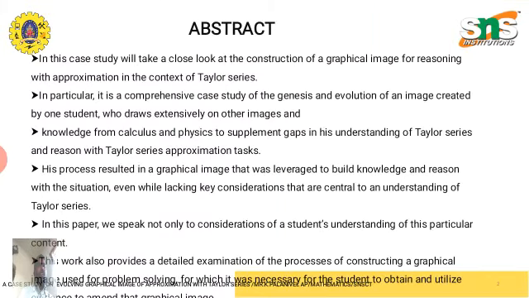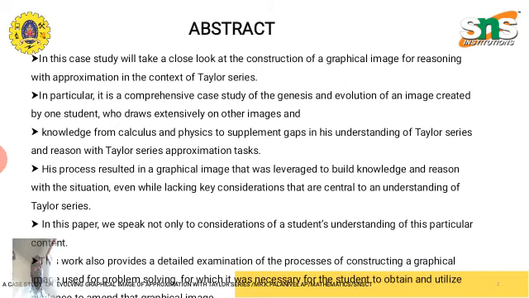First, the abstract. In this case study, we will take a close look at the construction of a graphical image for reasoning with approximation in the context of Taylor series.